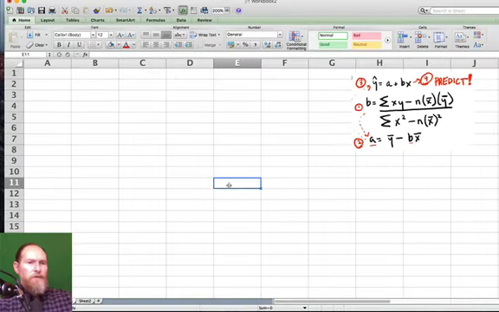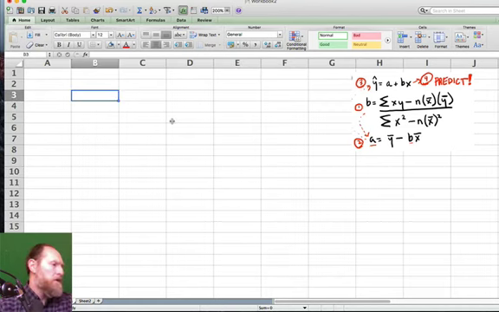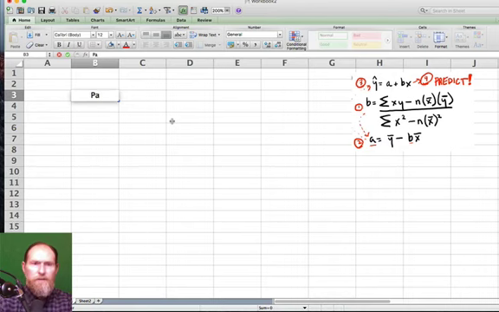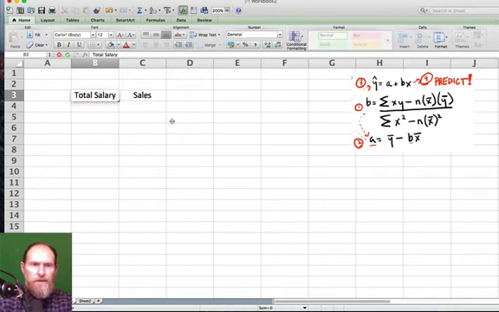Okay, so in this particular example, we want to figure out the relationship between what I just mentioned, payroll and sales. So let's just say salary and sales. Total salary is going to be our independent variable, and sales is going to be our dependent variable.